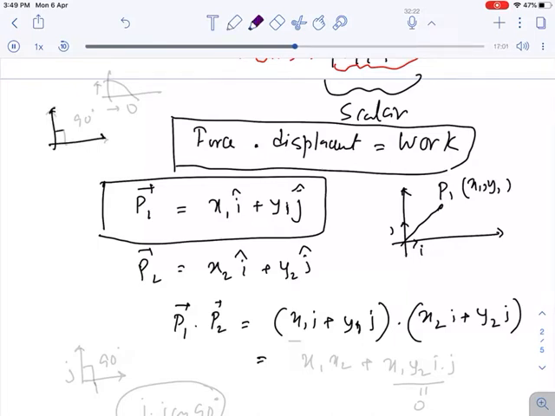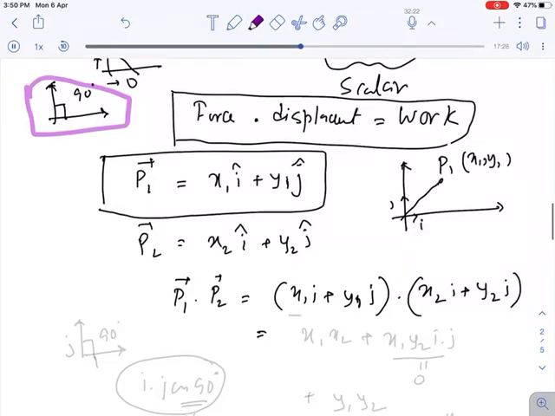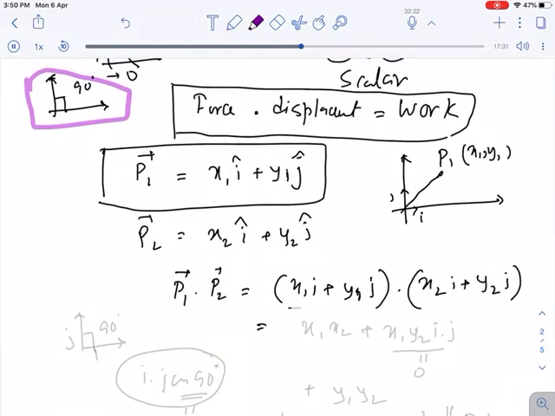Now we know the cos value: if the angle between two vectors is 90 degrees, then cos 90 is 0. So if two vectors are 90 degrees apart, the product will result in 0 because cos 90 is 0. Now if I multiply x1 into x2, I will get x1 x2.